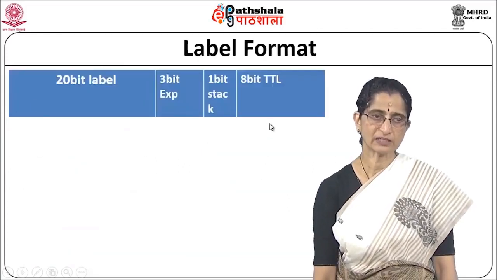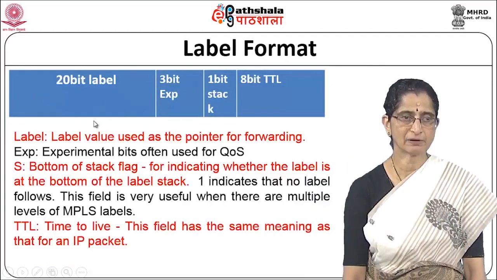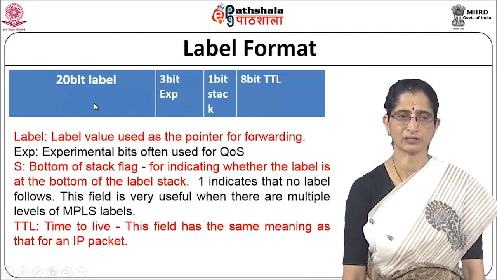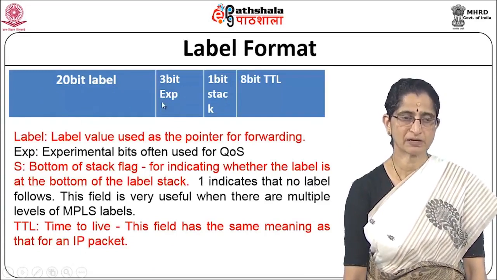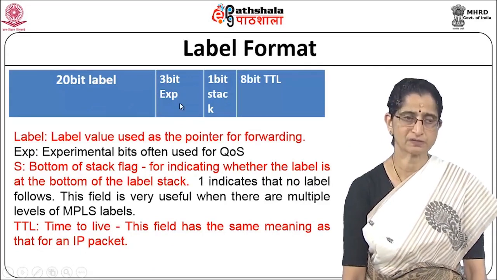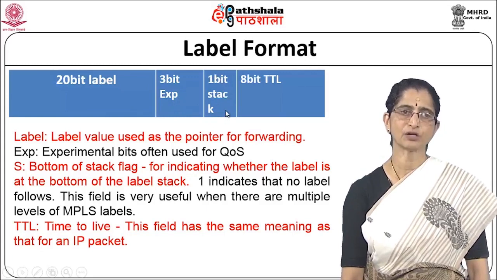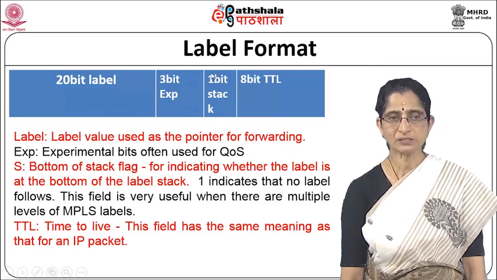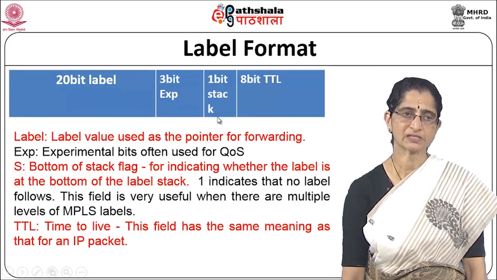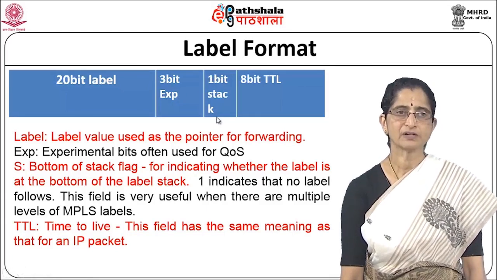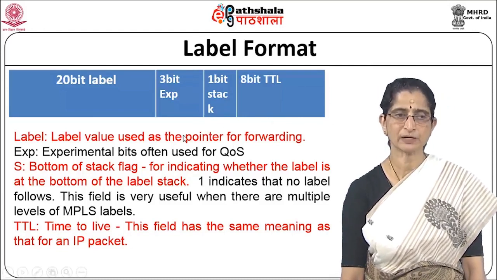If you look at the label a little deeper, you will see that it has a 20-bit label field, that label value which is actually used as the pointer for forwarding. Plus there are 3 bits which are used for experimental purposes, often for quality of service. And then there is a 1-bit stack field, a bottom of stack flag. What this basically indicates is that you can actually have multiple labels attached to a particular packet. That is, if it is being forwarded through multiple paths, you can have multiple labels added to it.